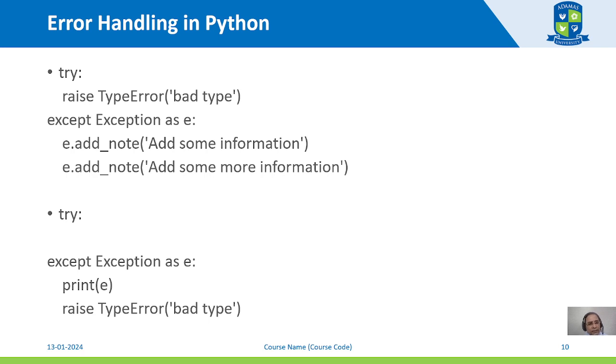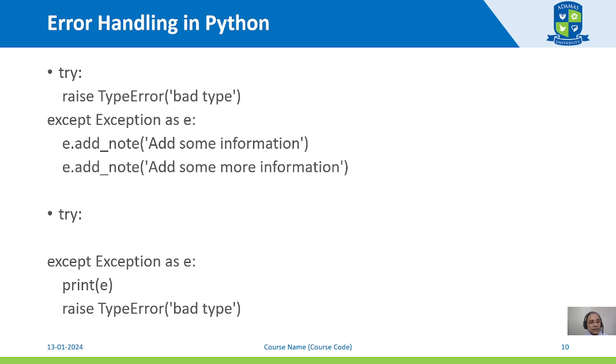Then again, within the try block, we can use TypeError, bad type, or else except Exception as e, then e.add_note. So here we are creating an object of the exception, then add_note with some information, and add_note with some more information. So these two statements will be printed.